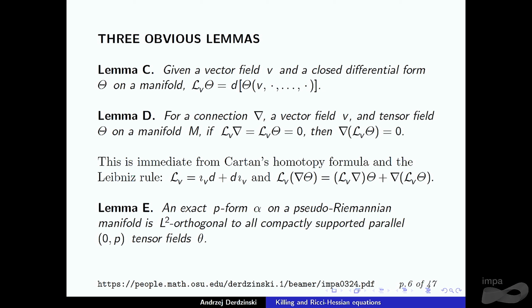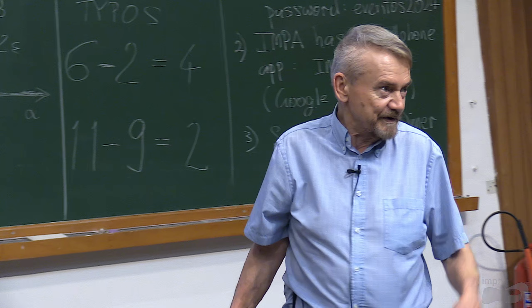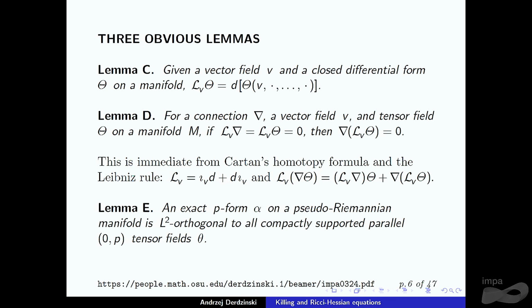In other words, this is an affine vector field, and the tensor field theta is parallel relative to the connection, not preserved by the flow. It follows that the Lie derivative is parallel as well for very obvious reasons. You can either invoke the Leibniz rule here, or simply observe that the flow, preserving the connection, will push forward your tensor field onto a curve of parallel tensor fields. So when you differentiate that curve, you get your Lie derivative, and that's parallel, of course, again, because it's a derivative of a curve of parallel tensors.